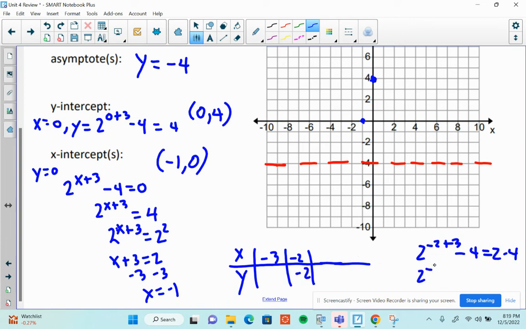I put in negative 3. I have 2 to the 0 power, which is 1. And 1 take away 4, which is negative 3. Interesting.